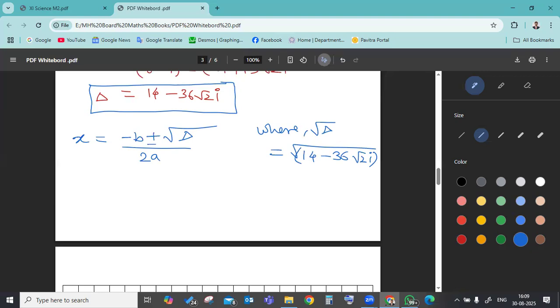So we should find the square root of this complex number 14 minus 36 root 2i, and then that square root is added and subtracted over here. Did you get this point? Why we have learned finding square roots of a complex number?